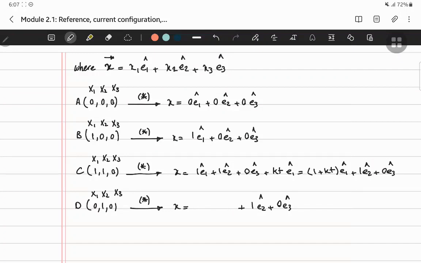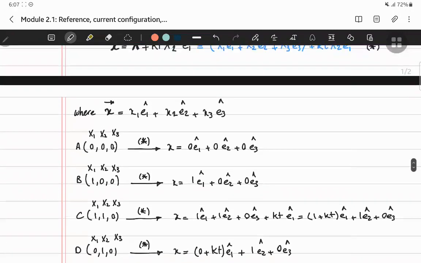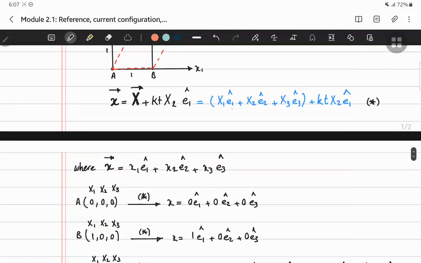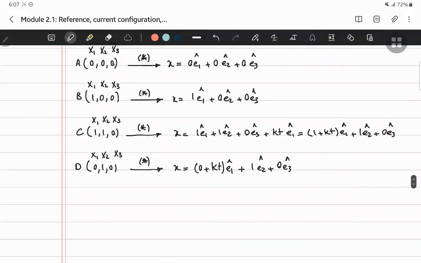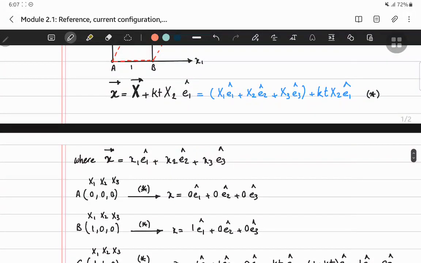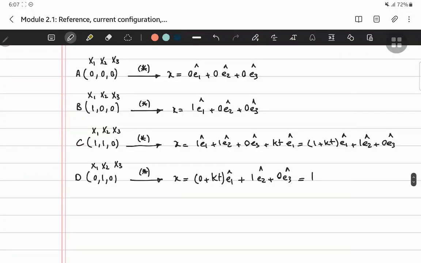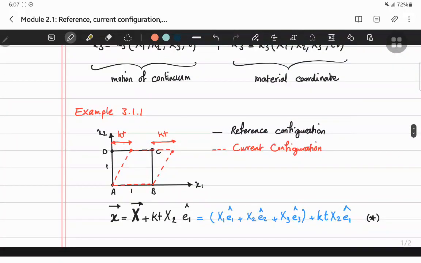It's 0 plus kt E1, if I'm not mistaken. So this is 0, 1, 0, true, and this is kt. Great. Now it becomes kt E1 plus 1 E2 plus 0 E3. So we have the same x2, but E1 or x1 is just moved in this direction, to the right by the value of kt.